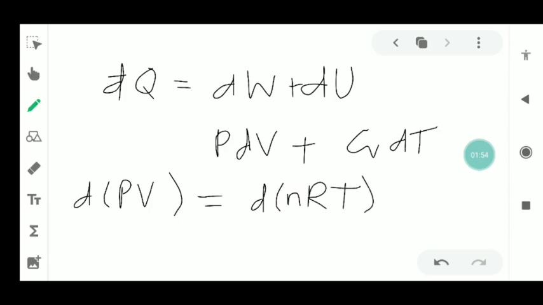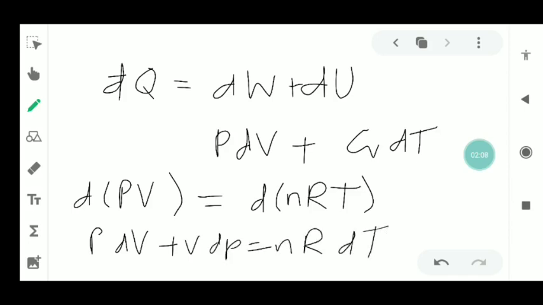From the ideal gas equation, we take differentiation on both sides, and we get p dv plus v dp equal to nr dt, right? Or for some cases we have considered n equal to 1 and just r dt. So for the work done we can also write r dt minus v dp.